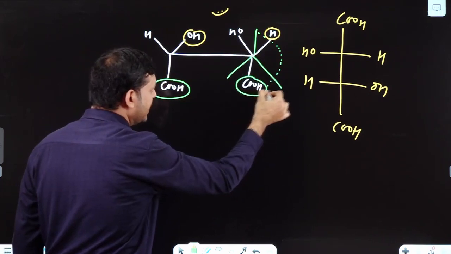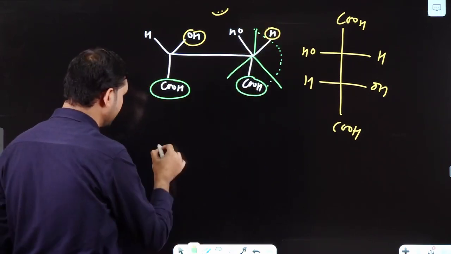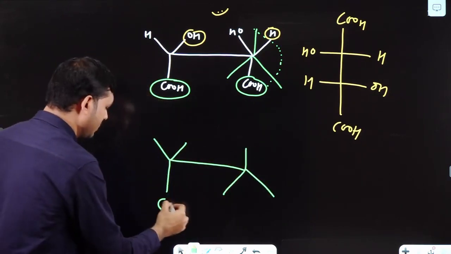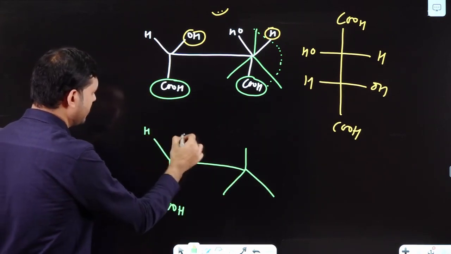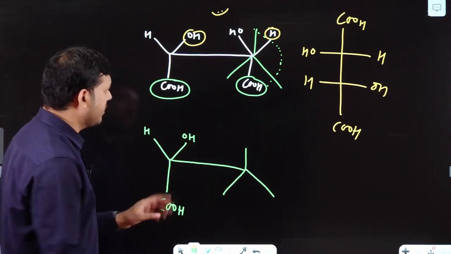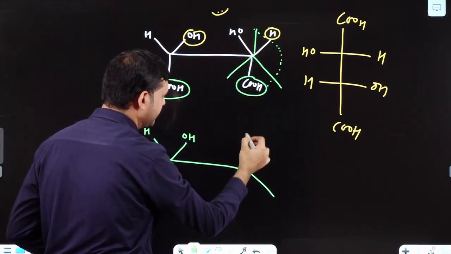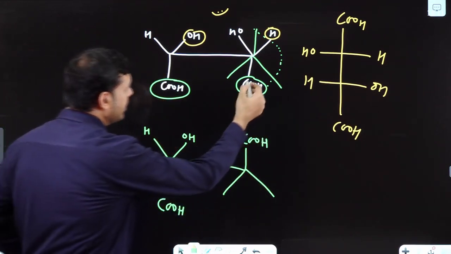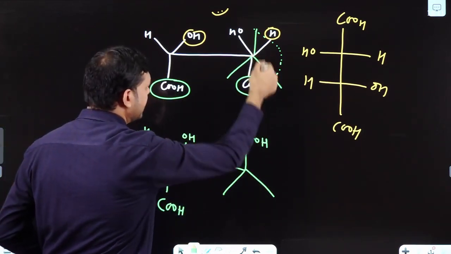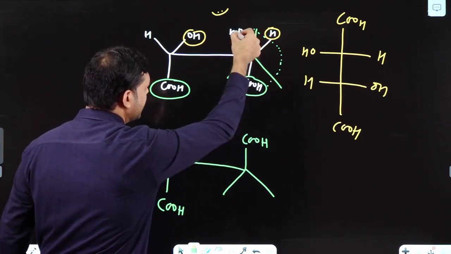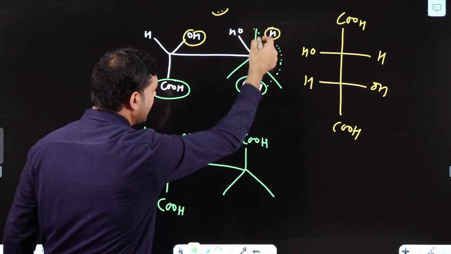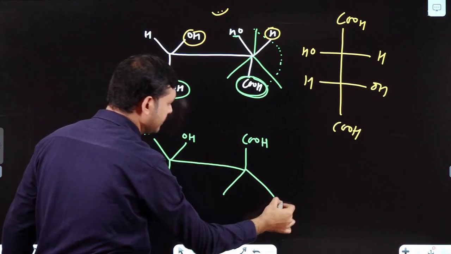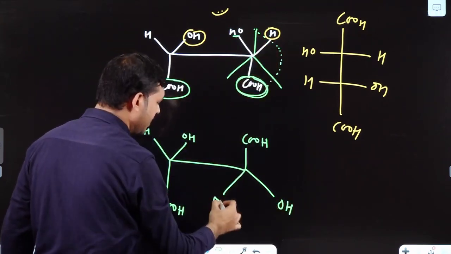So when this COOH reaches this part, done, then what will happen? When you rotate this Y-shaped reverse from this side, then this will rotate to here, this comes this side, this part comes 180 degrees this side, so this part will come here and this part will come here.